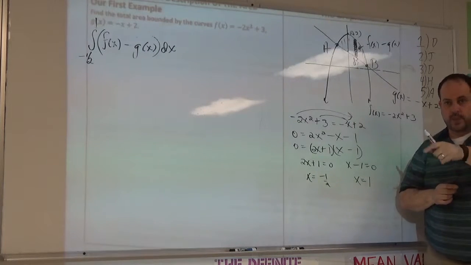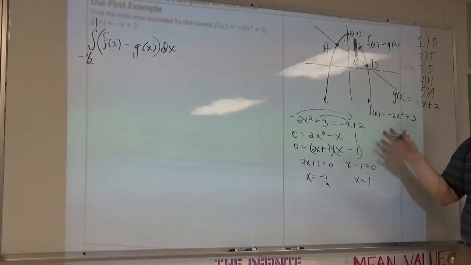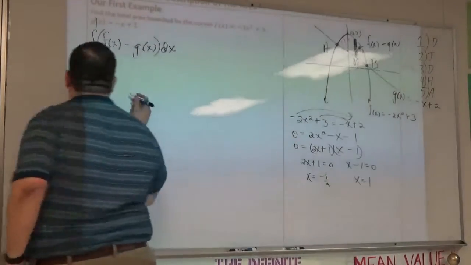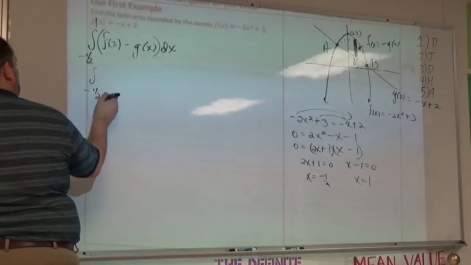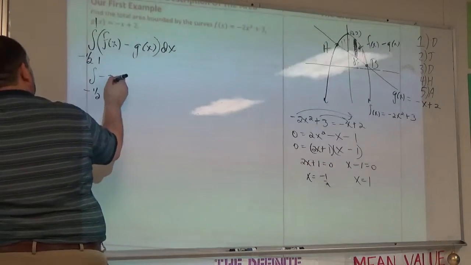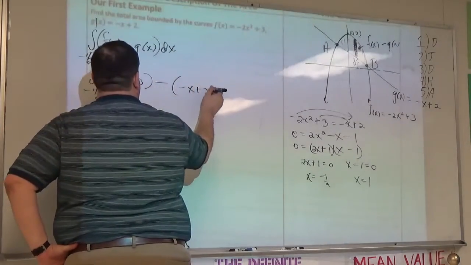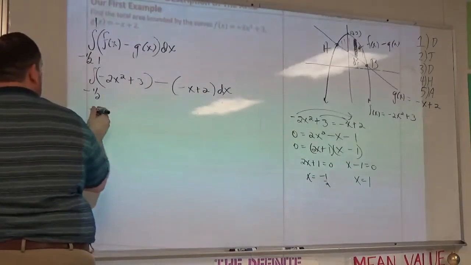Okay? All right, so while you guys finish that off on your calculator, I'm going to go through and finish this off by hand. Okay, let's get the right number here. So the integral from negative a half to 1 of negative 2x squared plus 3 minus negative x plus 2 dx.